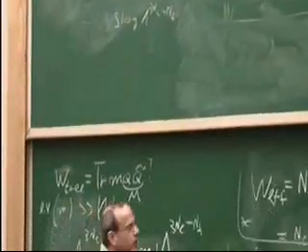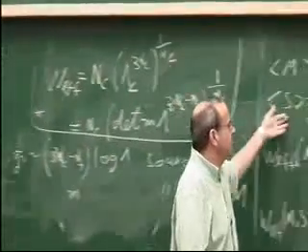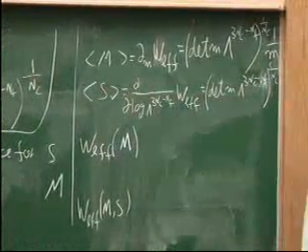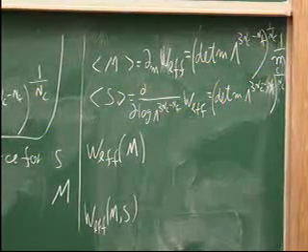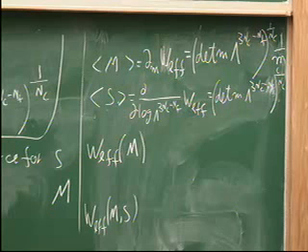These three starred equations, and also the expectation values, which come from here, must be exact. They are completely determined by holomorphy and symmetries, the way I described in my first lecture.